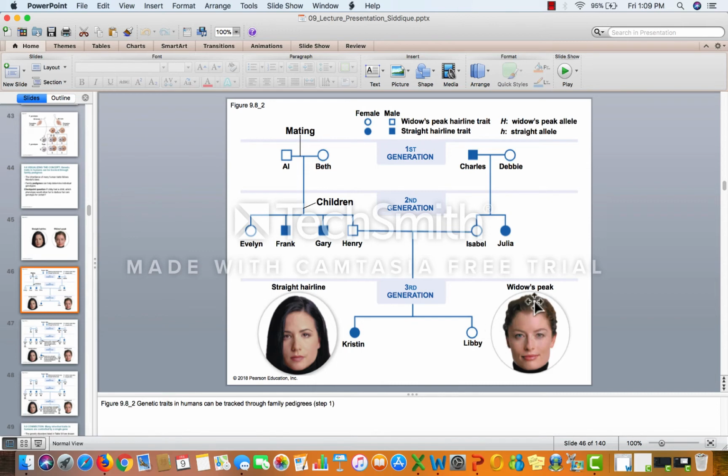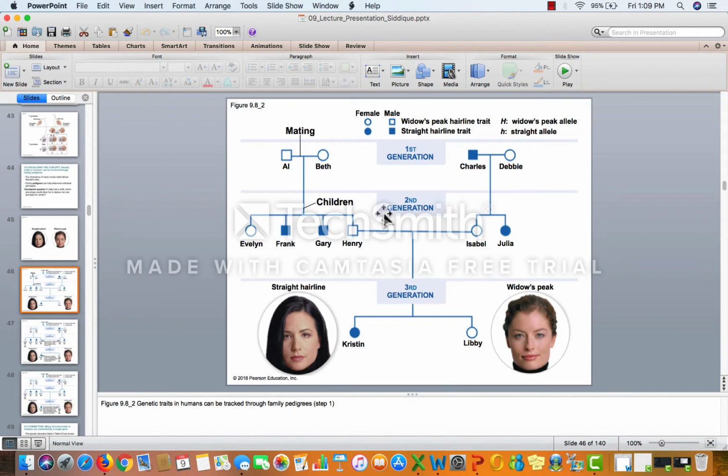So Libby, as you noticed, is a circle with an open area. So she's a female with a widow's peak, and you can tell that. Here, Kristen is a female with a straight hairline, so you can identify that. The question is, both Henry and Isabel were what?